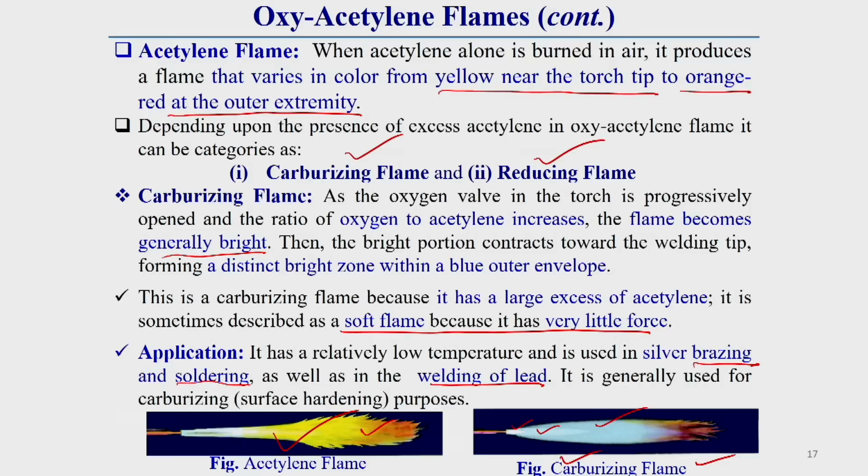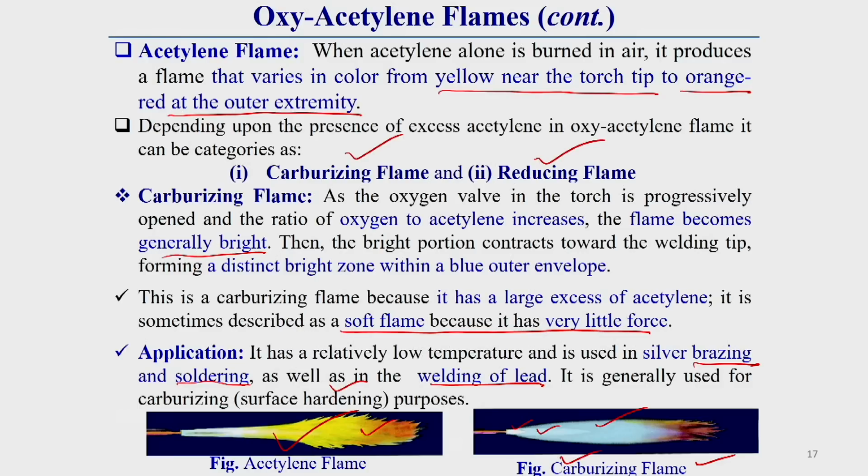As it is a carburizing flame, it has wide application for carburizing purposes. Carburizing is a surface hardening process. Because the presence of acetylene gas, that means hydrocarbon, is more, it produces a carburizing type of flame.